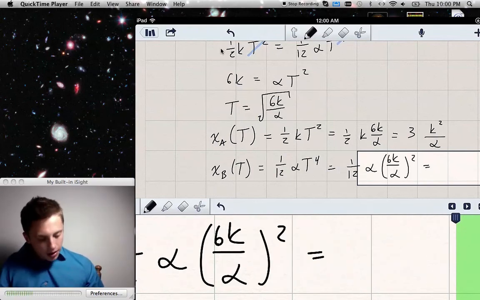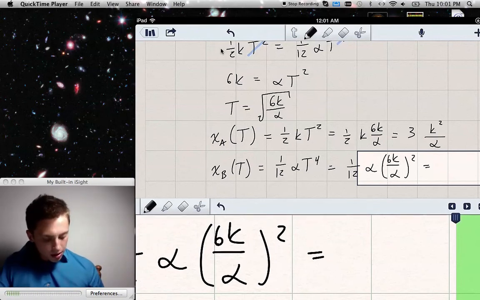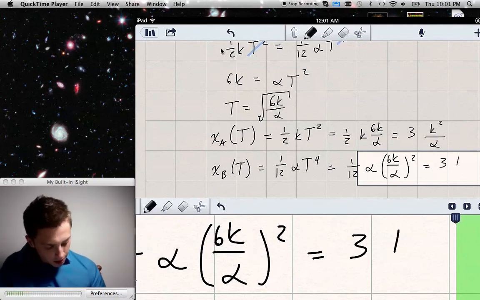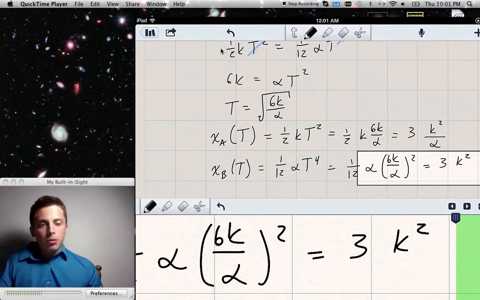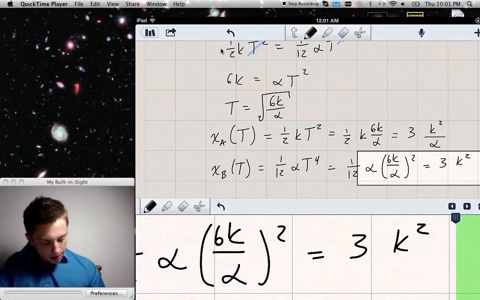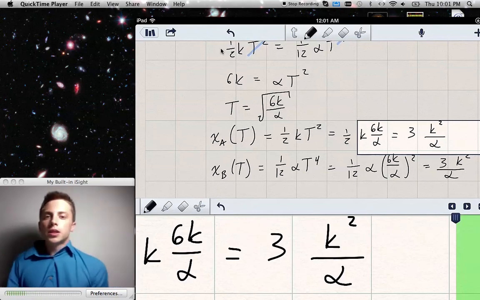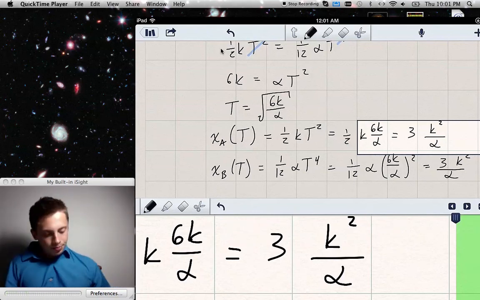So just looking at the numerical terms, we get 6 squared divided by 12. 36 divided by 12 is 3. Let's look at the k now. We're just going to have a k squared in the end. And how about alpha? We get alpha divided by alpha squared, which is just going to be 1 over alpha. They will meet at the coordinate 3k squared over alpha in our coordinate system.